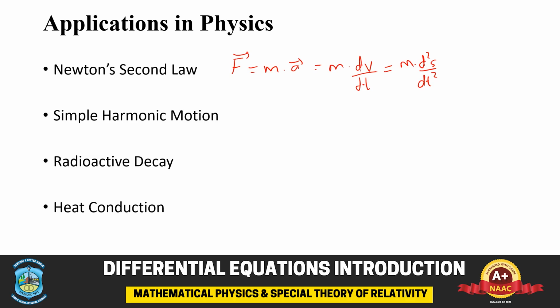Second application, simple harmonic motion. The general equation for simple harmonic motion is d square x by dt square plus omega square x equals 0, where x is the position which is changing with time and omega is the frequency.